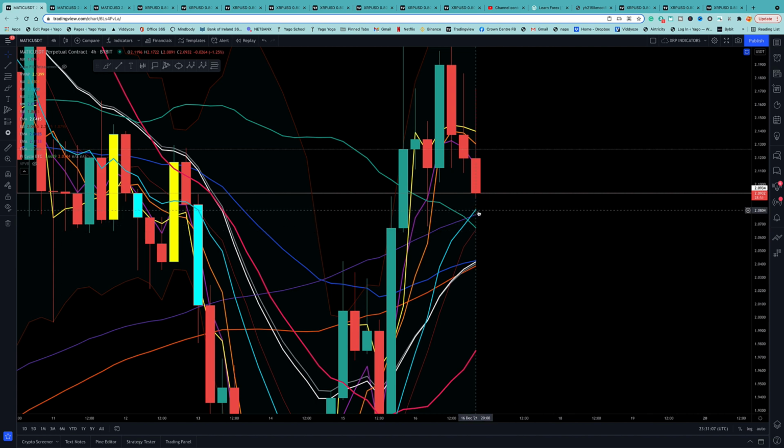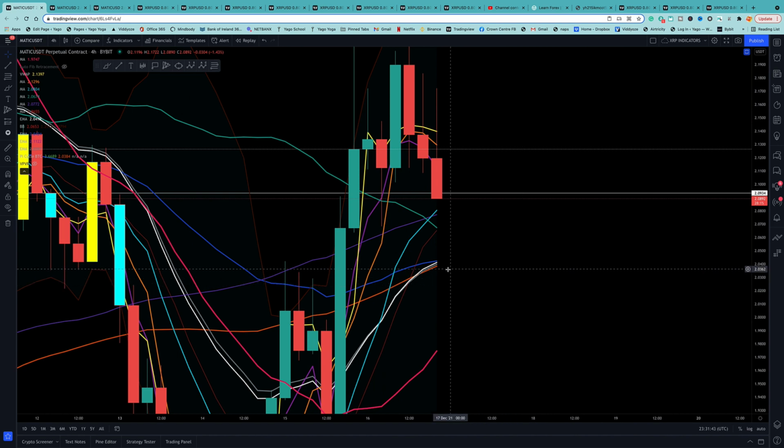So I'll be watching, when the day turns, if the 10 snaps down, it's looking good for continuation and you get a strong push down. And here's the 50, so you can see the 50 coming down. If the 10 turns down with this, I'm pretty sure that it will continue down without much of a retrace. If the 10 doesn't turn and it blocks this, it's quite possible that there'll be a 4 hour retrace because it's going to have to create a bit of space and then push down again.